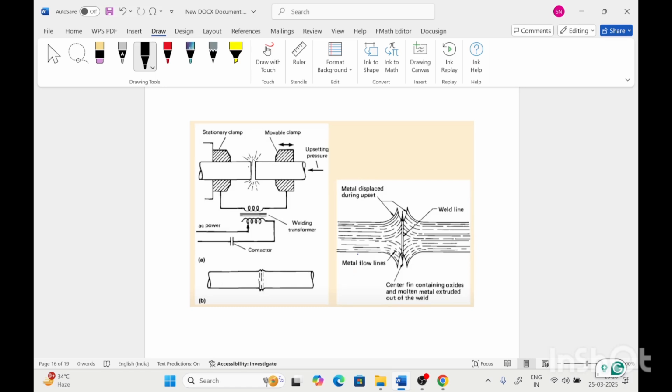These two welding rods are put into contact with each other, and as the butt weld forms, oxides or any inclusions present at the surface will come out with this portion. Metal will flow outward, and that displaced metal during upset generally contains oxide or inclusions. So this can be removed after the welding. Molten metal is extruded after the weld.